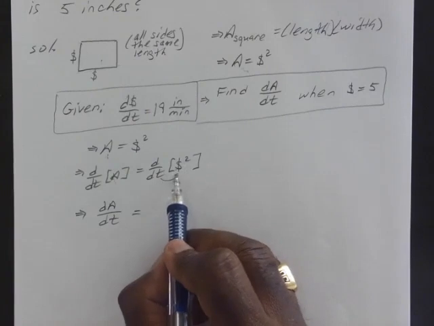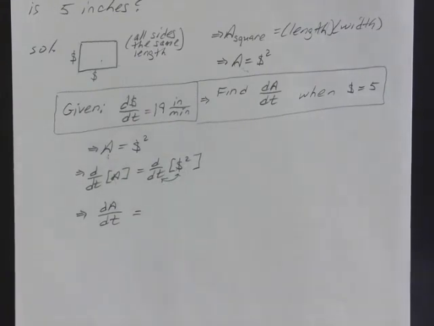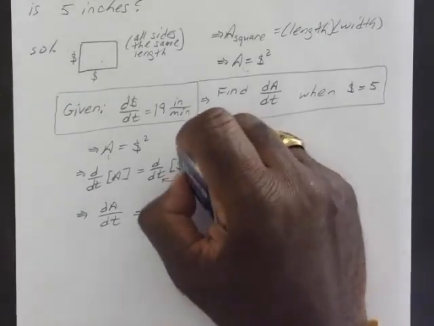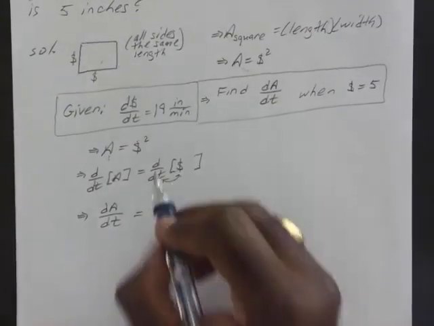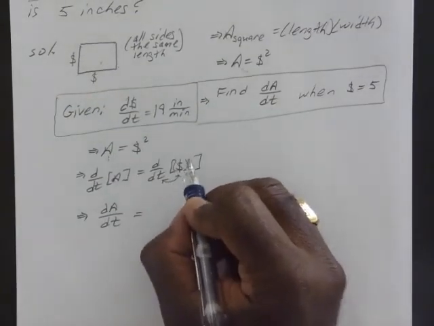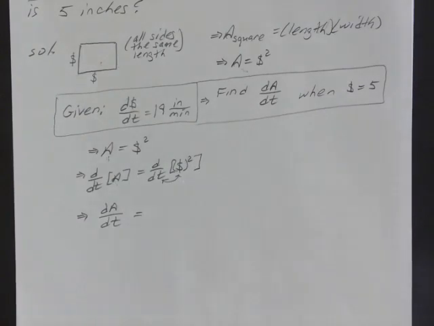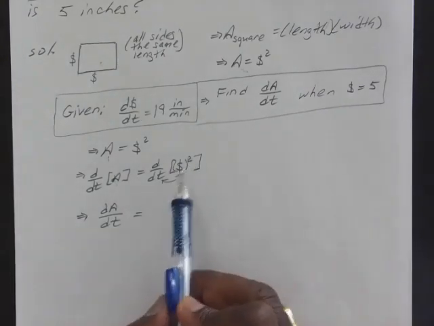So because these two are different independent variables, we have to apply the chain rule. I'm going to go ahead and put that in parentheses. So we apply the power rule to the whole thing.